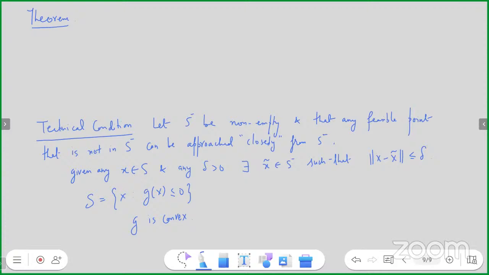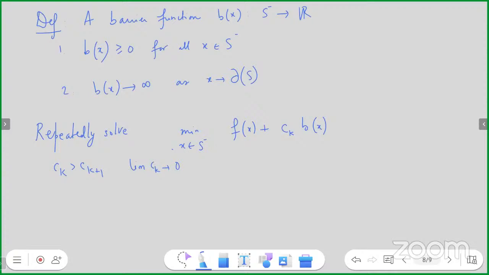Of course, for G convex, it's true. This is not just in some metric space; this is most general. The theorem I'm proving today is the most general. We're not assuming anything on F, G, B, nothing. When you specialize it to convex things, or rather the way the barrier method is used, as I said, this also goes away.